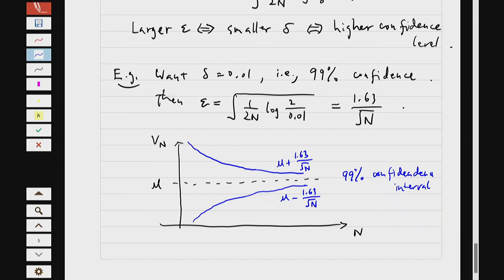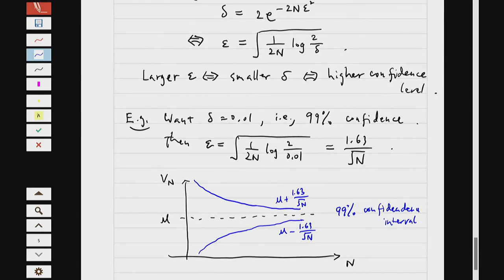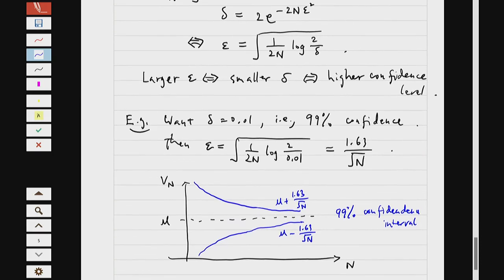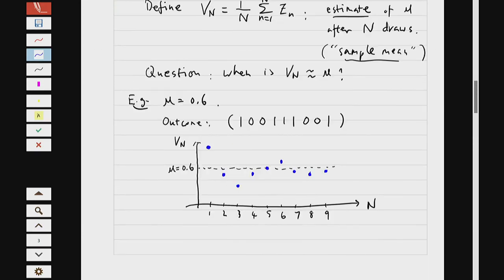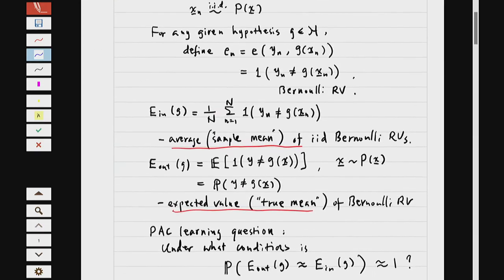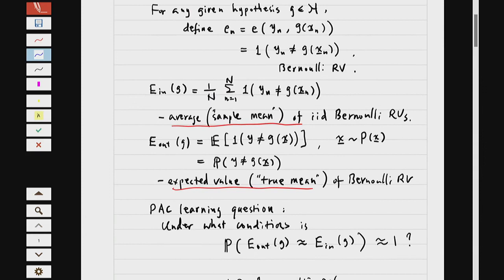Remember why we talk about this at all? Why do we talk about this sequence of Bernoulli random variables? Because from the very beginning, if I may go back, these are the Bernoulli random variables. Our E in and E out are the sample means and the true means of those sequences of Bernoulli random variables.